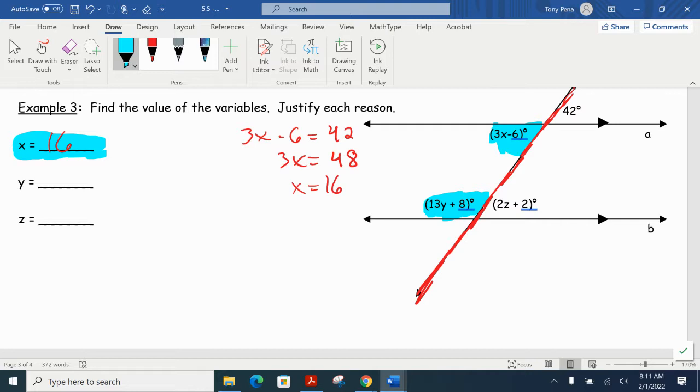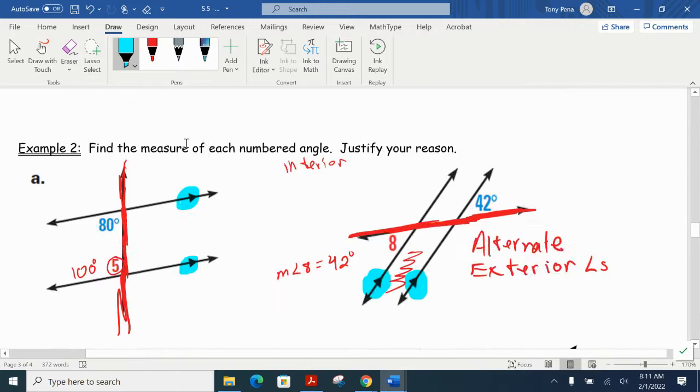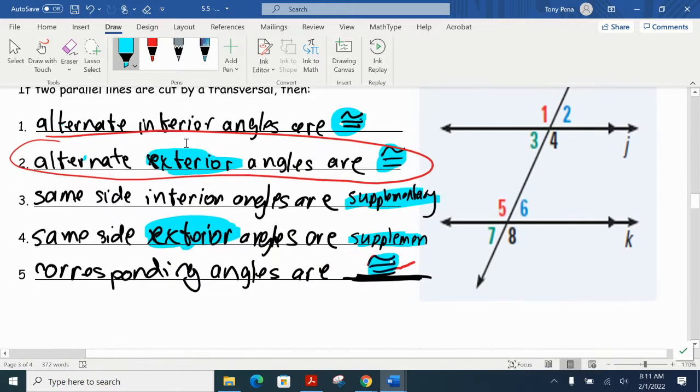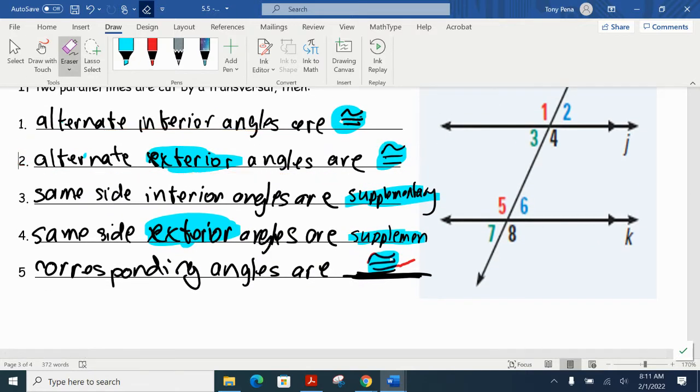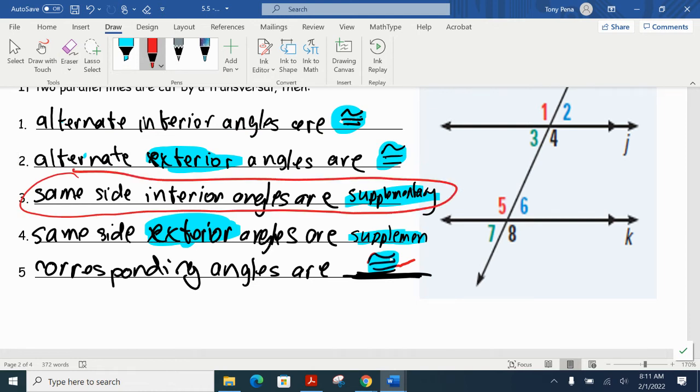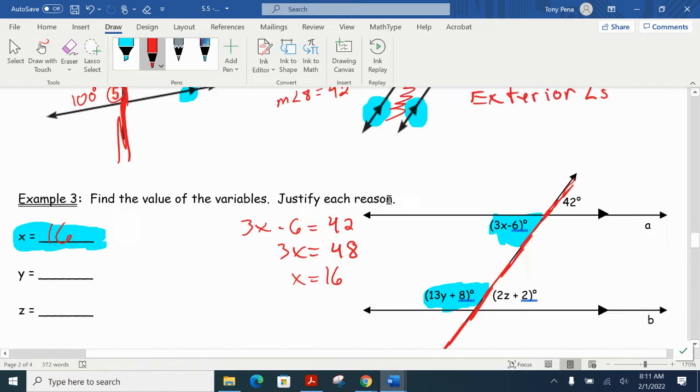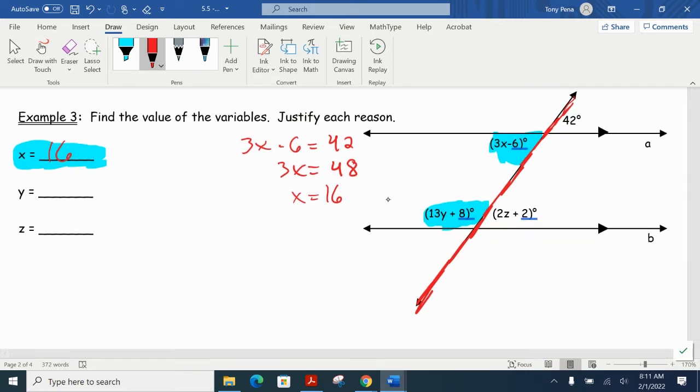Yeah, good. So those are same side interior angles. Understand what same side interior angles mean again. Same side interior angles is for us number 3. Same side interior angles are supplementary. That means those two angles should add up to be 180.